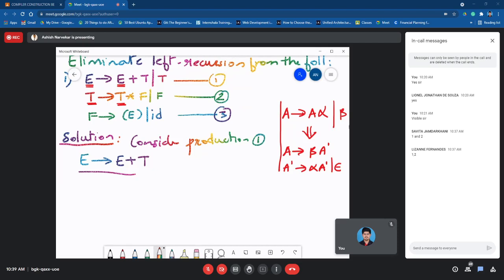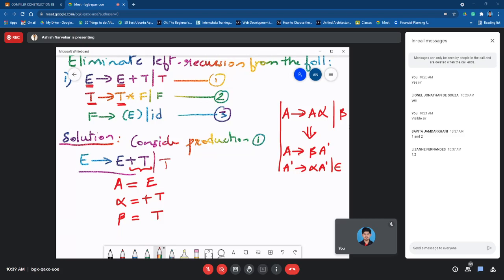Now to map this with that particular rule, I need to say what is A? A over here is E. Alpha in this case will be nothing but this, so plus T. And beta over here can be considered as T. Okay. So the production rule that I have used over here is this.